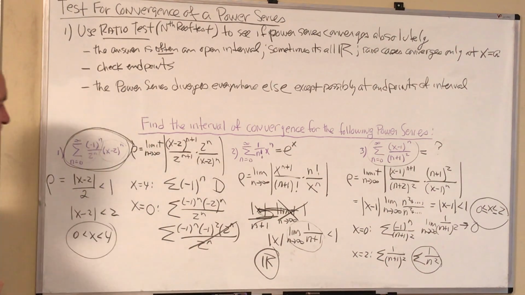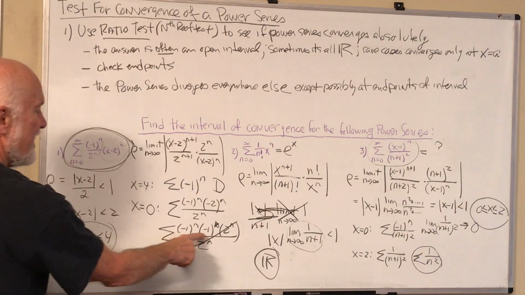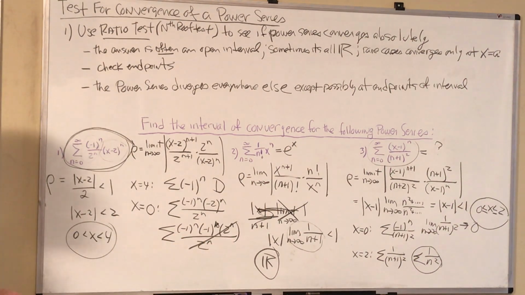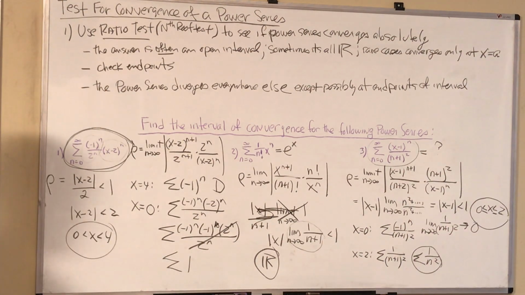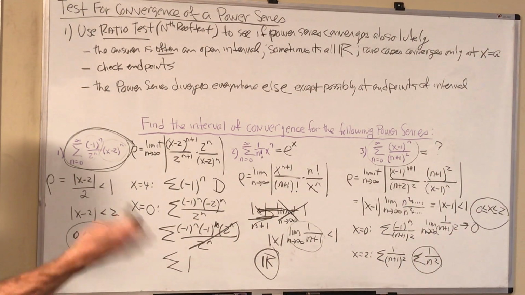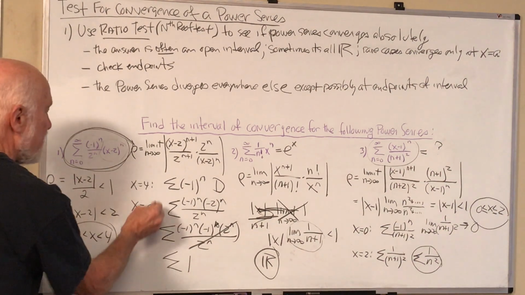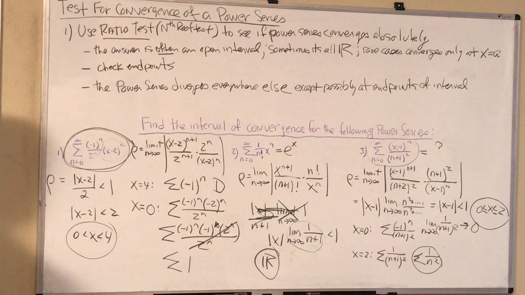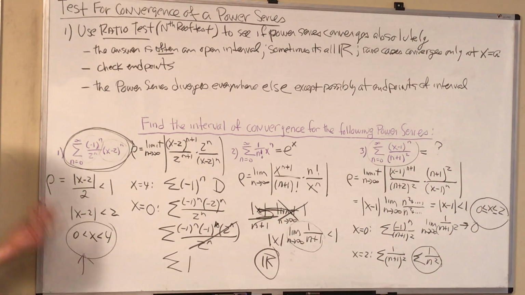And the 2 to the n's cancel. Oops, that's an n. So you get negative 1 to the n times negative 1 to the n, which is negative 1 to the 2n. Well, that's just always an even power, so you're just adding up 1's. And that certainly, 1 plus 1 plus 1 forever, is not going to converge. So both of the endpoints diverge. So that is the answer. But we really did have to check the endpoints.